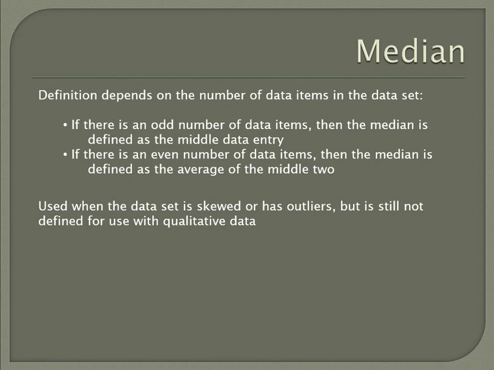In fact, if the value in the middle could possibly be an outlier, your whole data set would be outliers, and therefore none of your data set would be outliers. So it is protected from outliers, but it's still not defined for use with qualitative data.